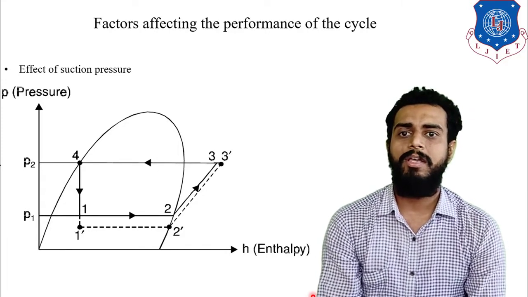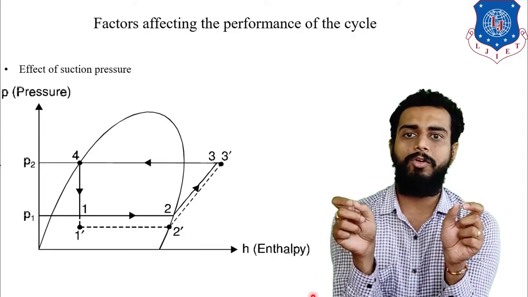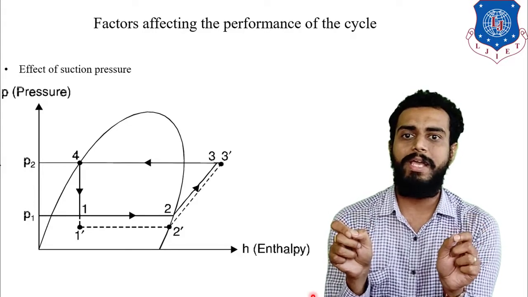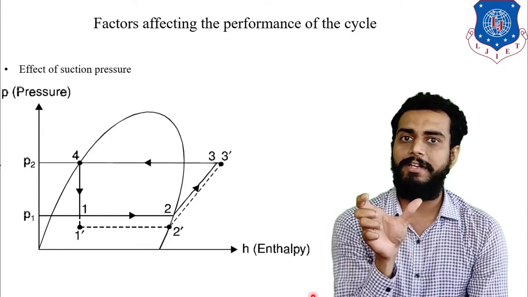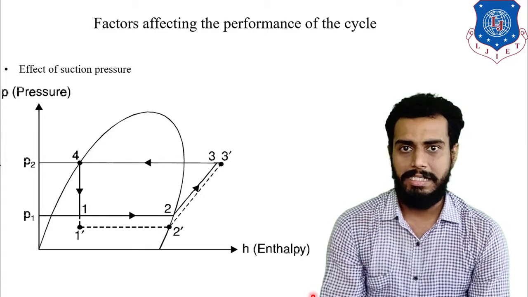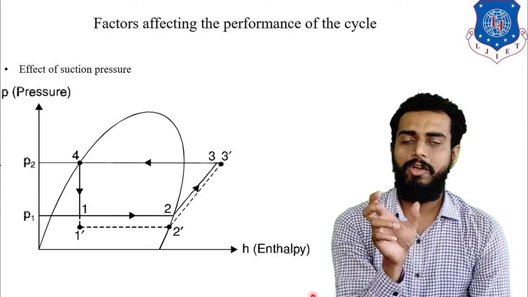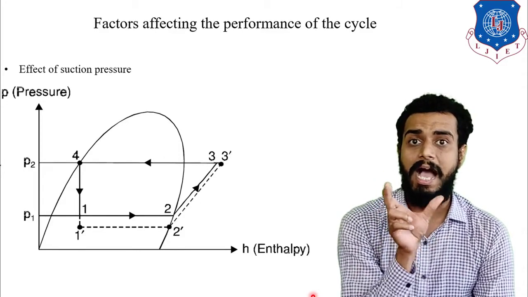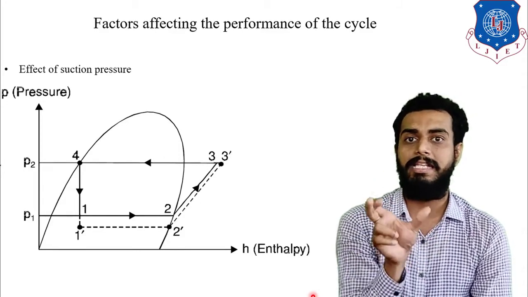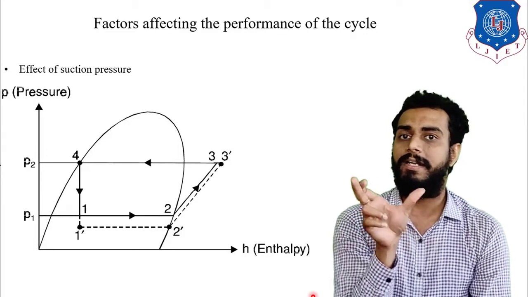Obviously you can see that compared to 1 to 2, the 1 dash 2 dash line is slightly smaller. That means the refrigeration effect has decreased. Whenever refrigeration effect is asked, you simply take the enthalpy difference of the evaporator endpoints.